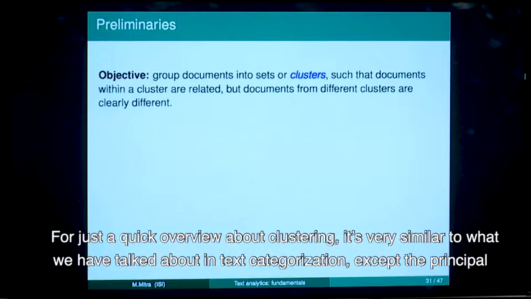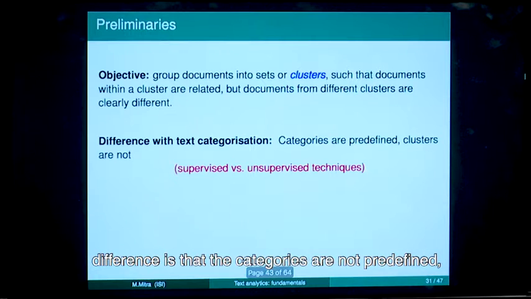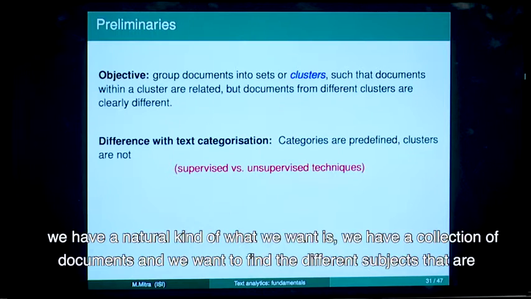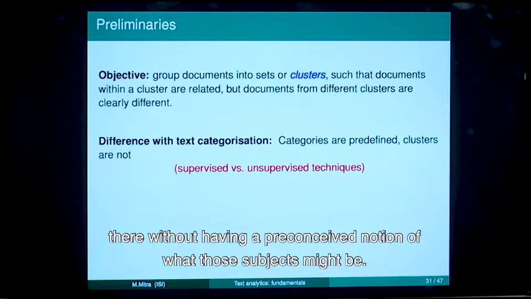For just a quick overview about clustering, it is very similar to what we have talked about in text categorization, except the principal difference is that the categories are not predefined. We have a collection of documents and we want to find the different subjects that are there without having a preconceived notion of what those subjects might be.